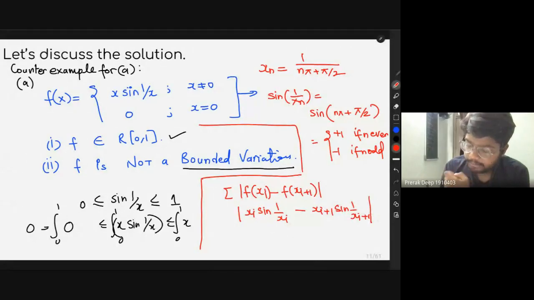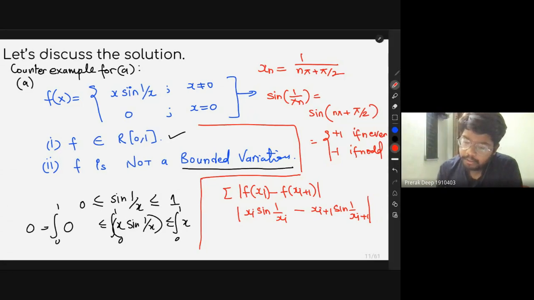Then it will sum both of the xi's, because this sine 1 over xi will either be negative or positive. One of the endpoints will be even or odd. If one endpoint is even, then the other endpoint has to be odd.